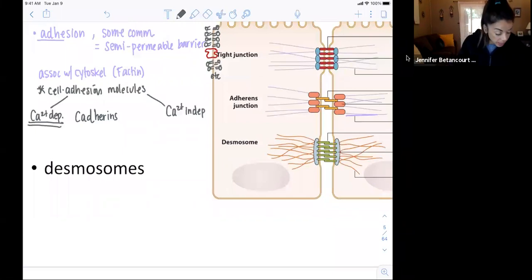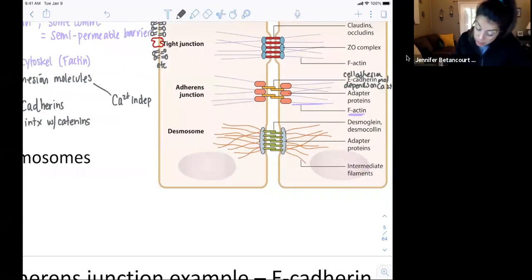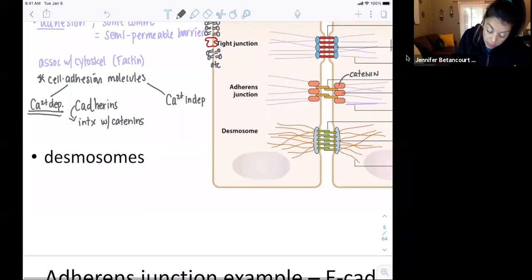Okay, so cadherins not only depend on calcium, they also interact with a class of molecules called catenins. And usually this would be your catenin. A catenin is a type of adapter protein.